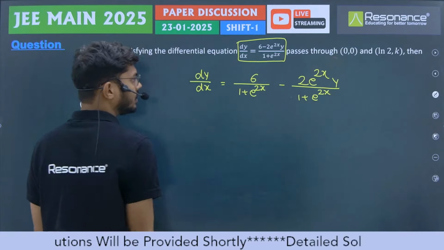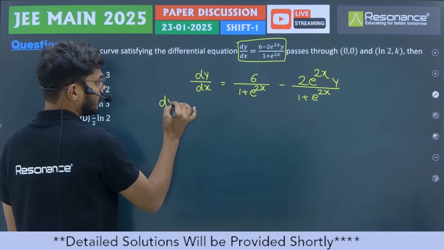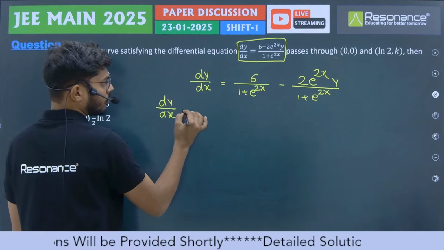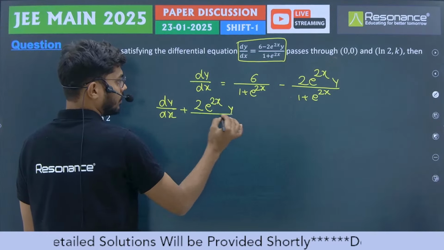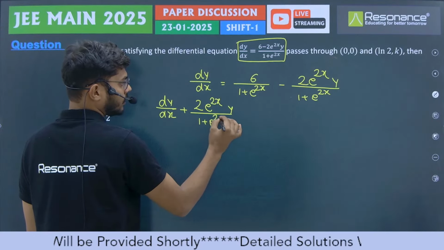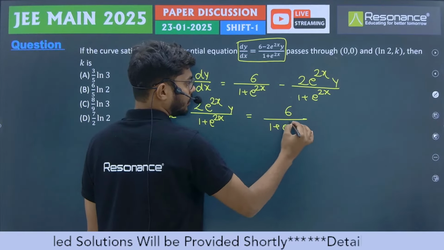I will convert this into the linear differential equation. I will take that y term here. So I can say dy by dx plus 2 e to power of 2x upon 1 plus e to power of 2x into y equal to 6 upon 1 plus e to power 2x.